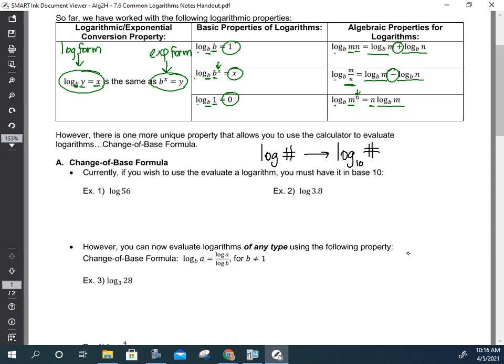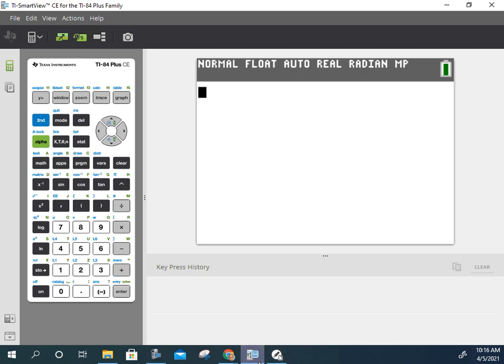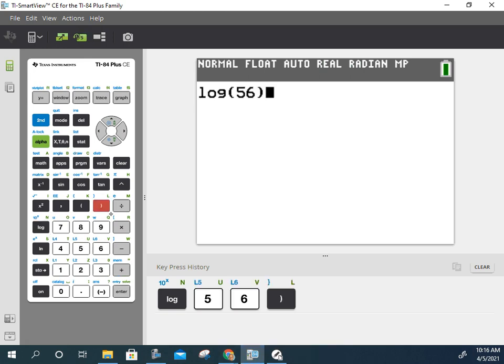So you have log 56. Go to our calculator. Log 56. Close the parentheses. So you have 1.748. We always round to 3 decimal places unless they tell us otherwise. So 748. You have a 1 sitting behind 8.